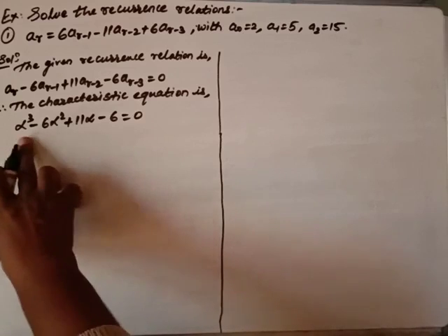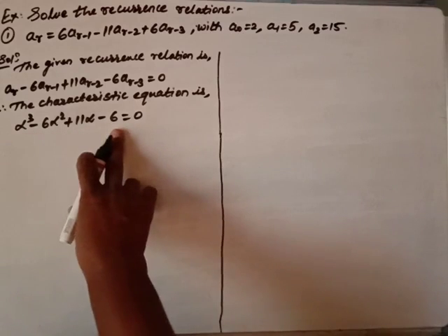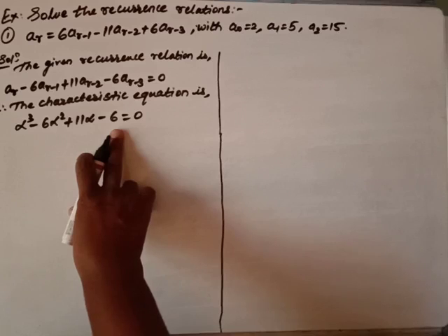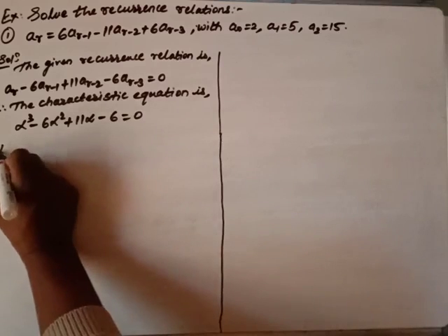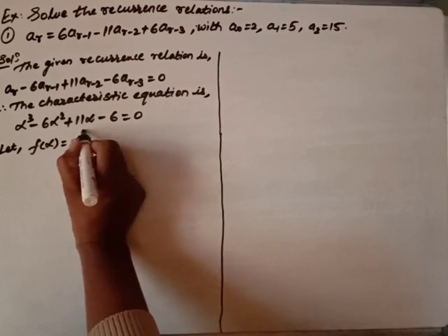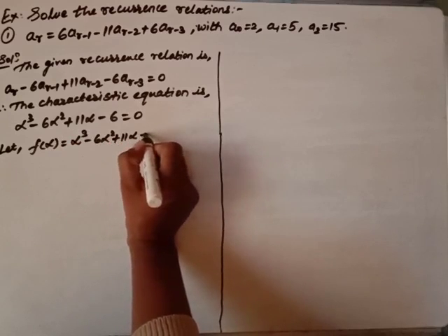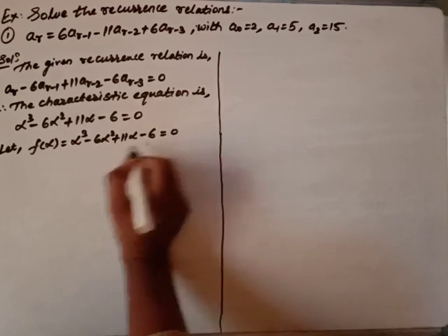Now our aim is to find the roots of this characteristic equation first. So it is a cubic one. First of all, we will apply the trial and error method or the synthetic division method. For that, we will assume this left hand side as a polynomial and substitute various values of alpha. So now let f of alpha equal to alpha cube minus 6 alpha square plus 11 alpha minus 6 equal to 0.